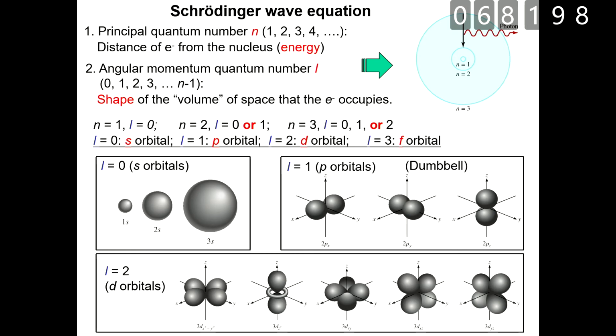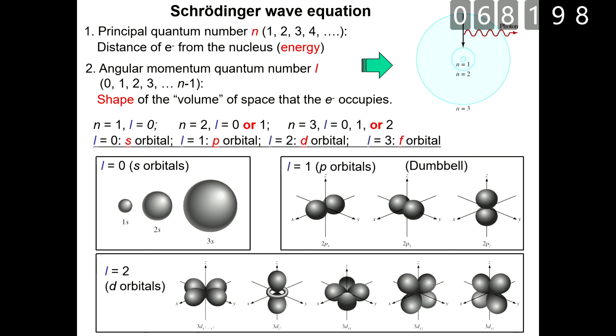And some electrons' shapes can be like a dumbbell. If the electron has L equal 1, it has a different shape from the 0.